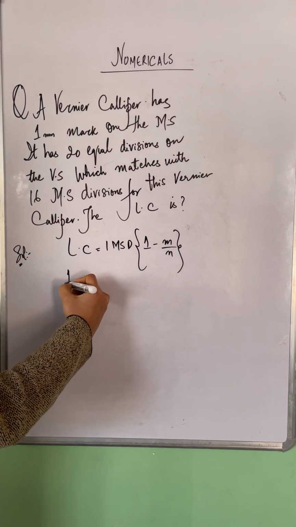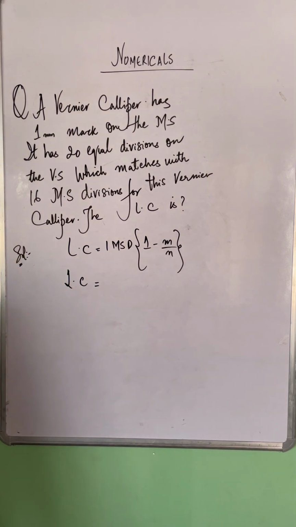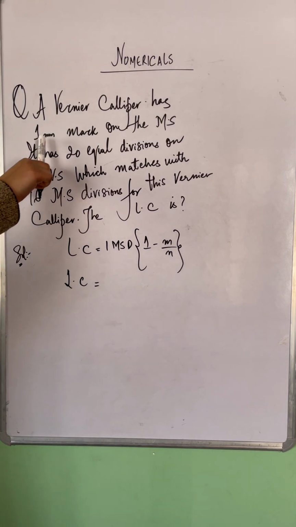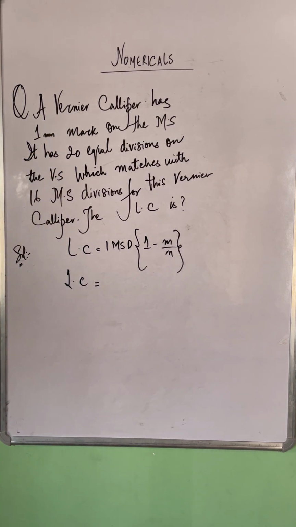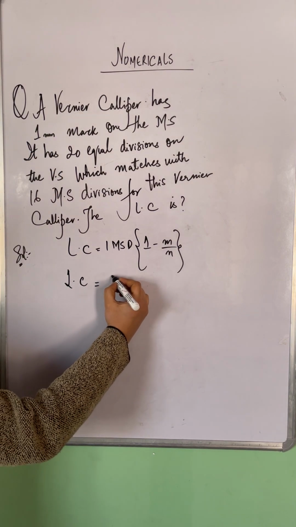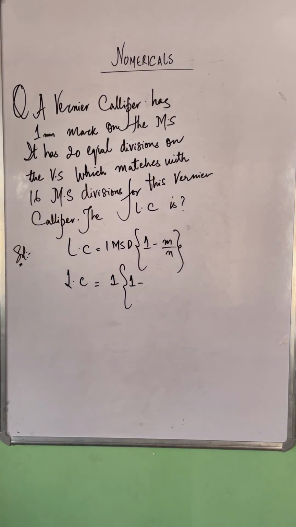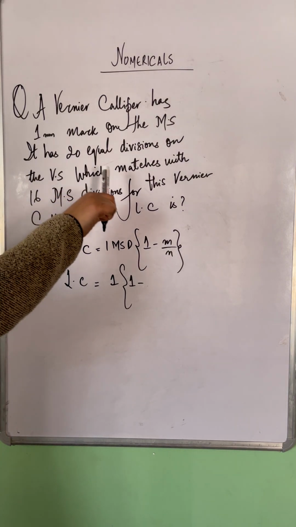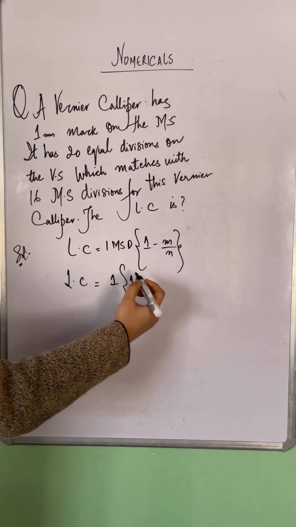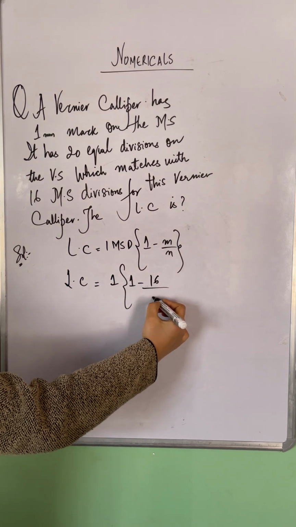So my least count is, what is my 1 MSD? 1 mm, right? How many are the divisions on the main scale? 16. What about n? 20.